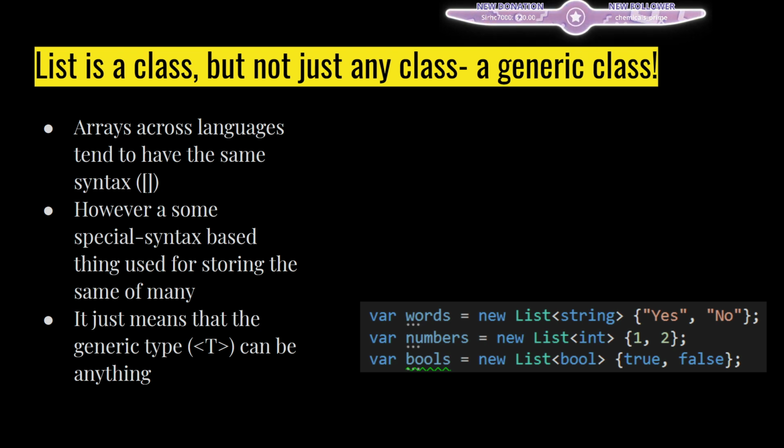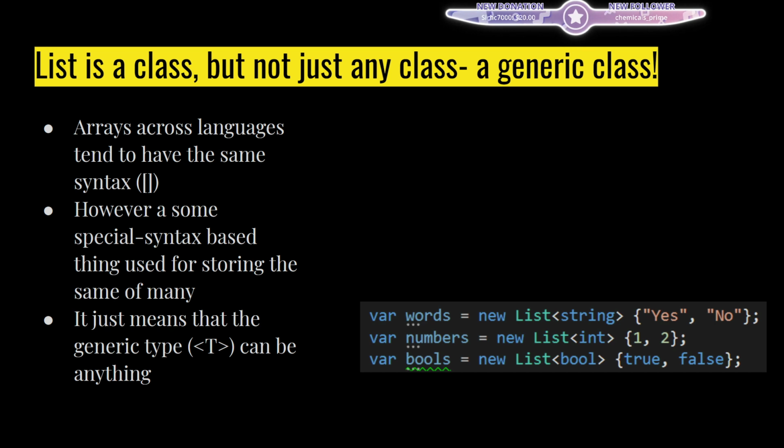So here in this example, you can see 3 different lists. In a list of words, I can only add strings. In a list of numbers, I can only add ints. And in the list of bools, I can only add bools. And the point here is that it's the same class, but specified for different types.